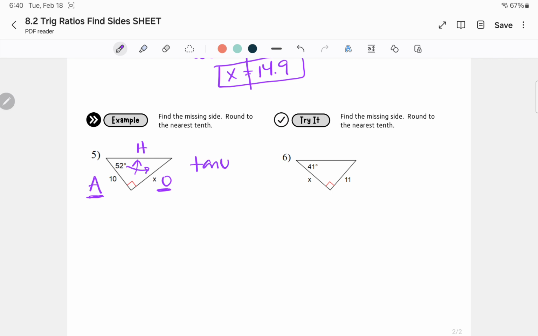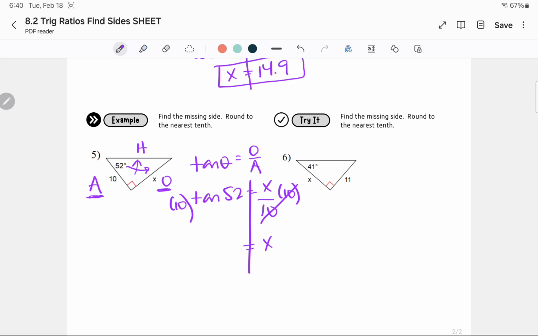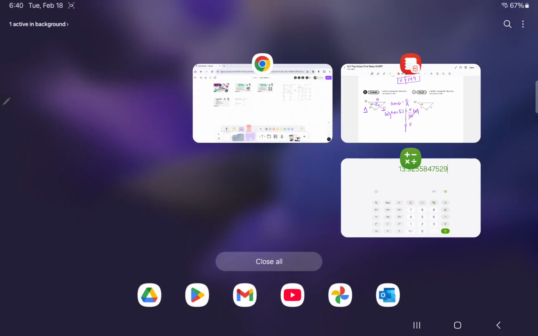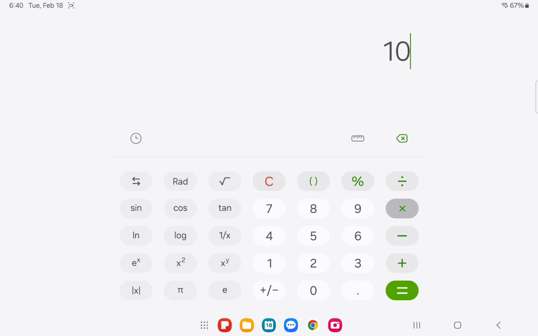So let's write tangent of theta is O over A. So tangent of 52 is equal to x over 10. X is on the top, so all we're doing is multiplying by 10. Boom. And we're going to put in 10 times tangent of 52. So this rounds to 12.8.